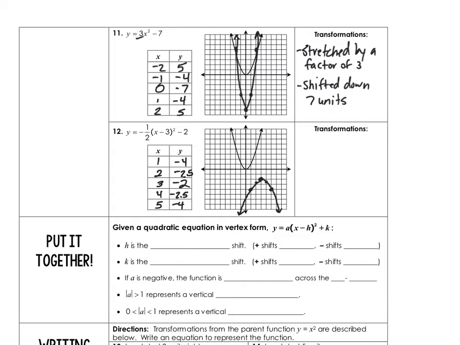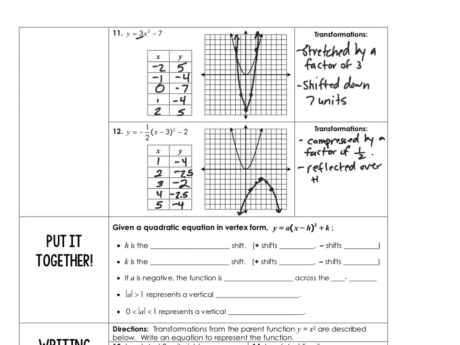All right, so just looking at the graph, there are several changes happening here. The first thing I noticed is that it's a little wider than my previous graph. This is a compression. So we're going to say that the graph was compressed by a factor of 1/2. It was also reflected over the x-axis because this graph is not opening up anymore. It's opening down.